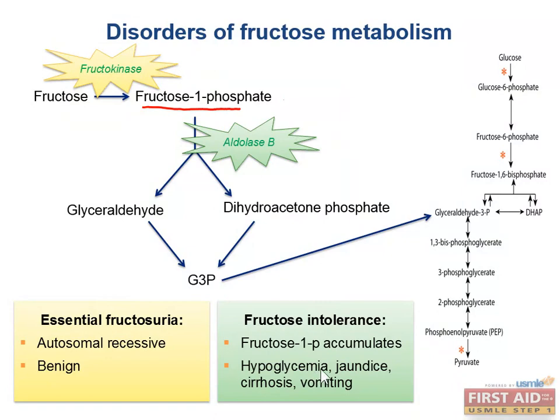Patients will also have jaundice, cirrhosis, and vomiting due to the toxic accumulation of the fructose 1-phosphate within the liver. Now, the treatment for this is to not eat fructose or sucrose, since sucrose is a disaccharide composed of both fructose and glucose. Now, in general, disorders of galactose metabolism, which we'll discuss next, are going to be more serious than disorders of fructose metabolism.